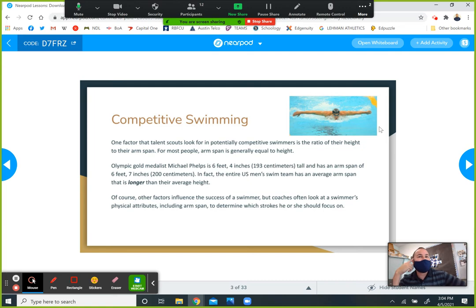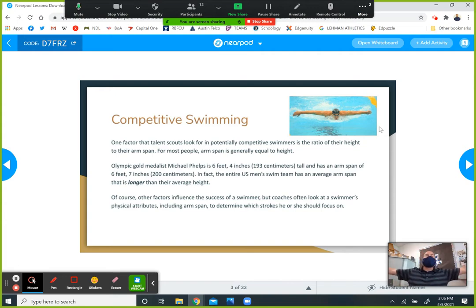Anybody know who Michael Phelps is? You don't know? Swim dude. One of the most decorated Olympic gold medalists in Olympic history. One of the best swimmers in the world. One of the reasons why Michael Phelps is so good at swimming and so fast at what he does is because of his arm span. Michael Phelps is 6 feet 4 inches, but his arm span from tip to tip is actually 6 feet 7 inches long.